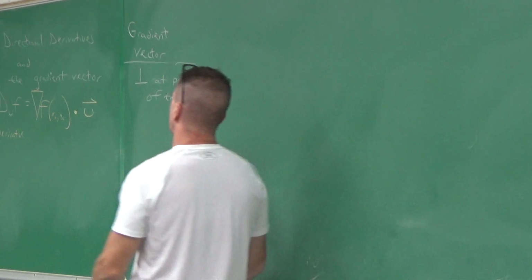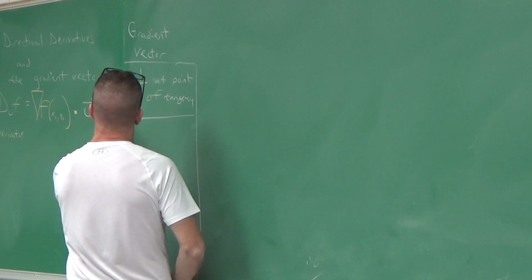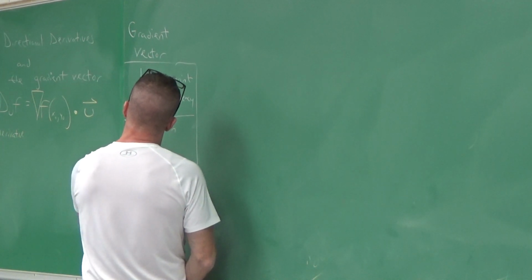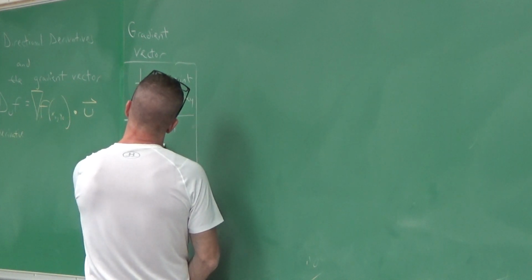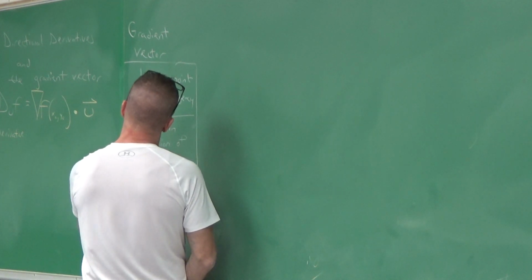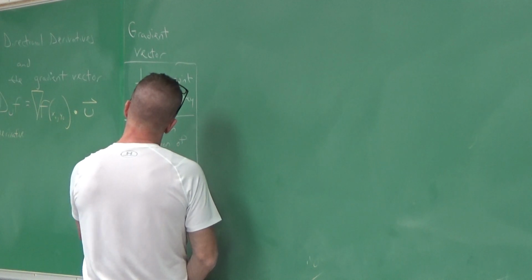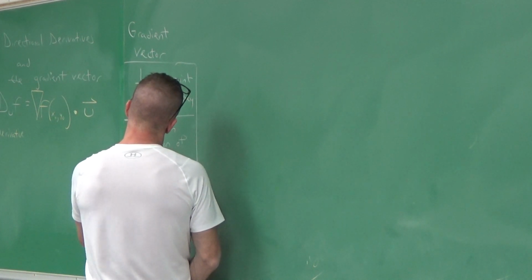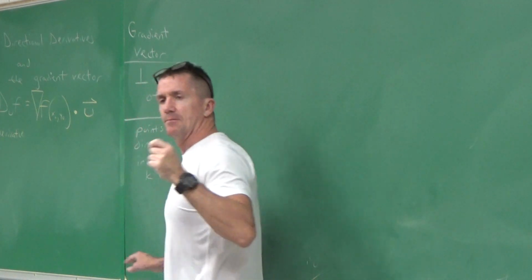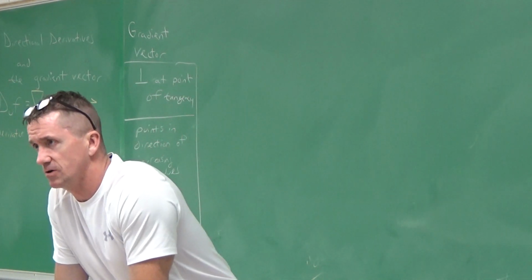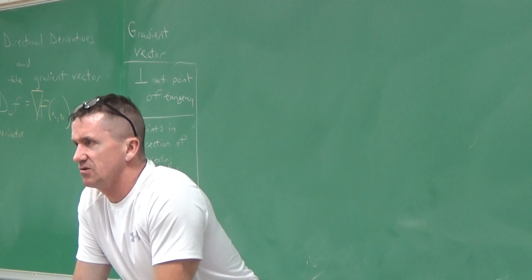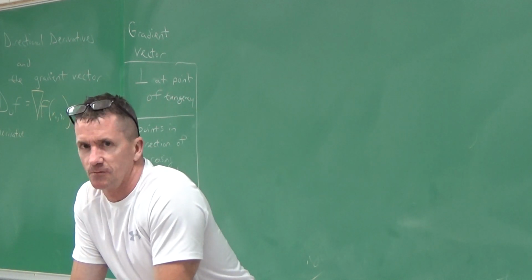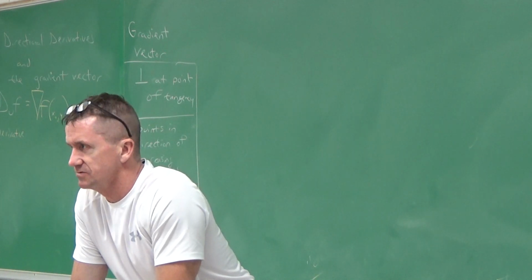It always points in the direction, and I'm referring to contour level curves, of the increasing k values on a contour curve, where the k values are like the z values, right?